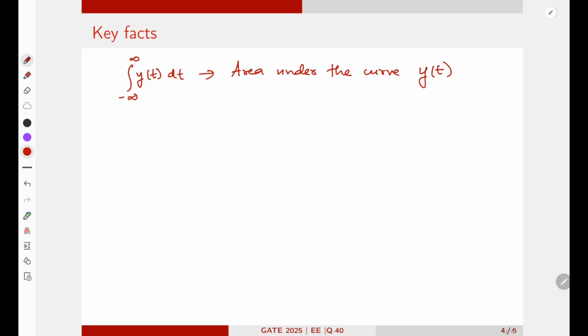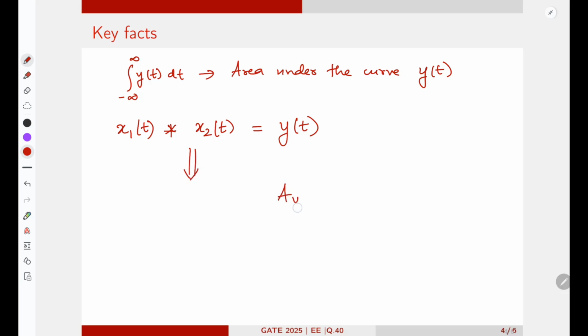And from the question, x1 of t and x2 of t are two functions defined. Now convolution of these two functions is y of t. So based on the convolution sum and the area property, how can we write?